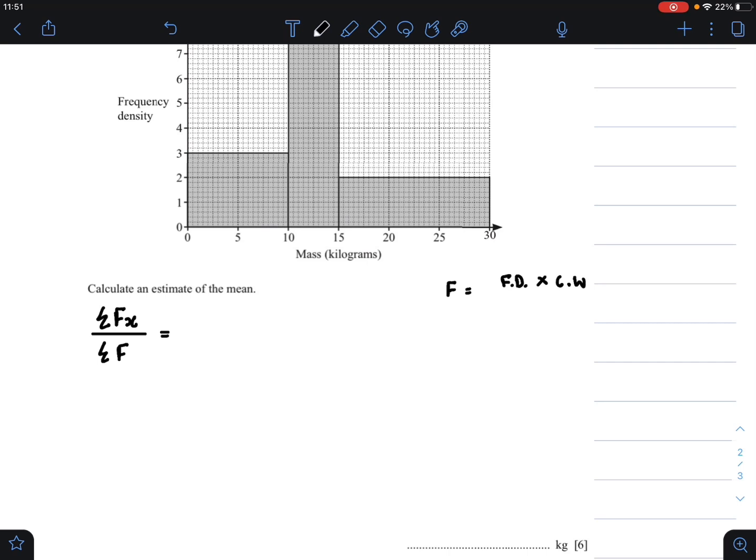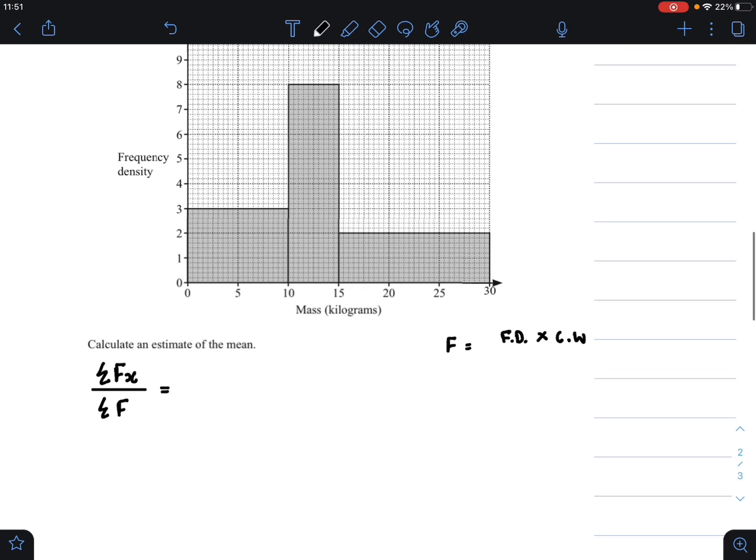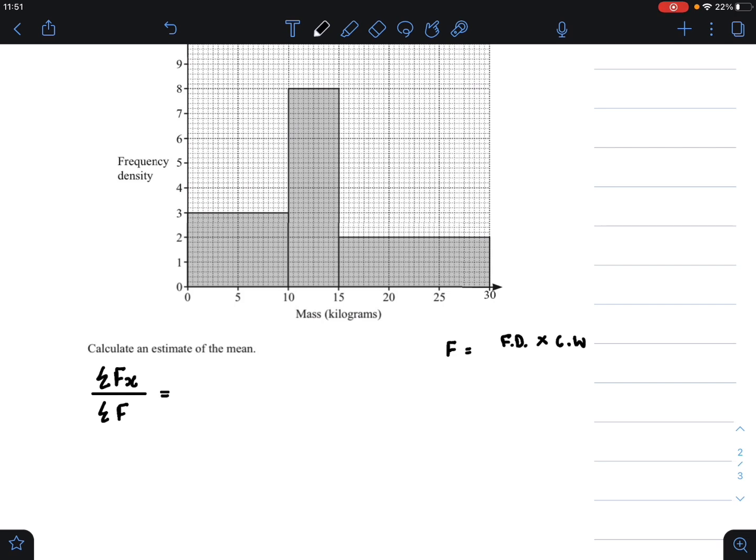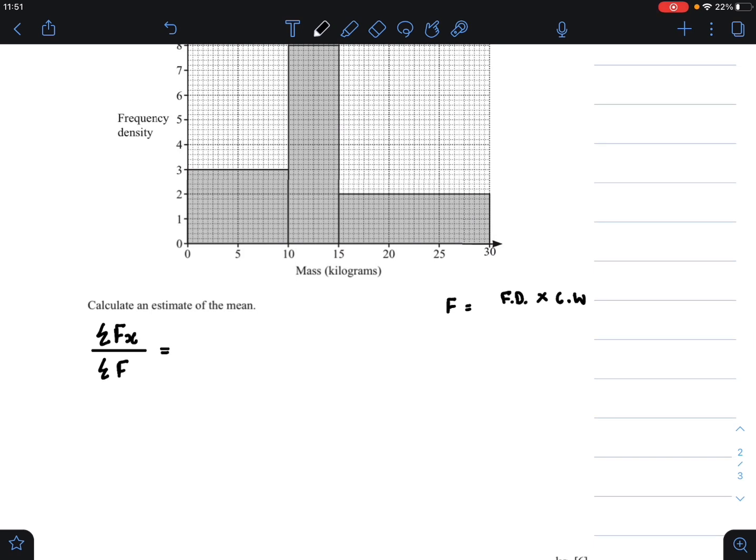So we can find all the frequencies using the class width. Simply all you need to do is 3 multiplied by 10, 8 multiplied by 5, and 15 multiplied by 2. So you will get the 3 frequencies. So that is 3 multiplied by 10, which is 30, plus 5 multiplied by 8, which is 40, plus 15 multiplied by 2, which is 30.